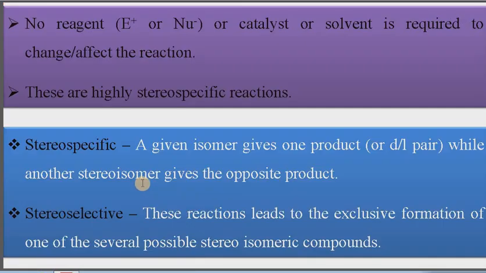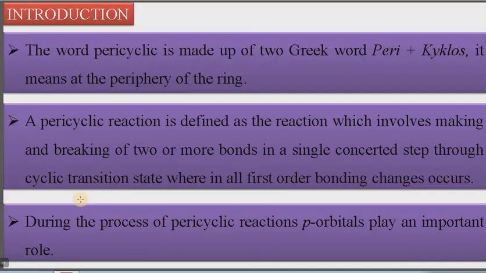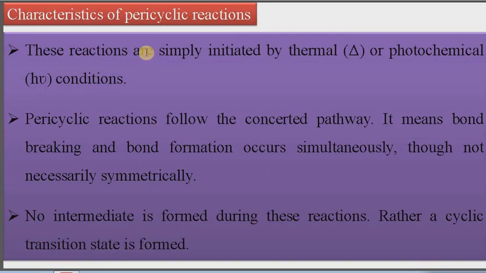During the process of pericyclic reaction, p orbitals play an important role. Means the shifting of p electrons, or the motion of p electrons, is the key point during the formation of bonds in product molecules.